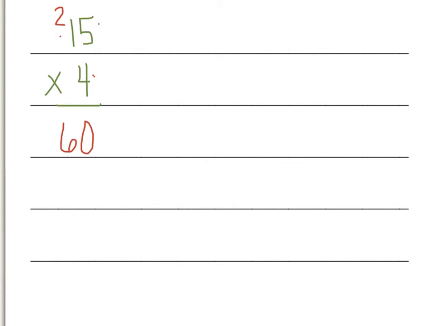Now let's change that up, and I'm going to leave that there just so you can see the connection. Let's say 15 times 14. Now this is multiplying a two-digit number by a two-digit number. It's going to start out exactly the same.